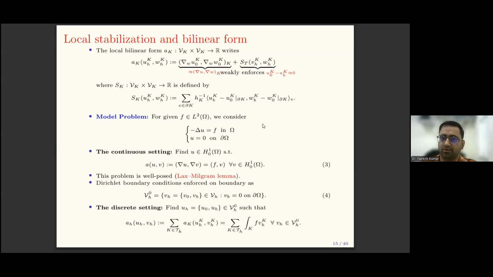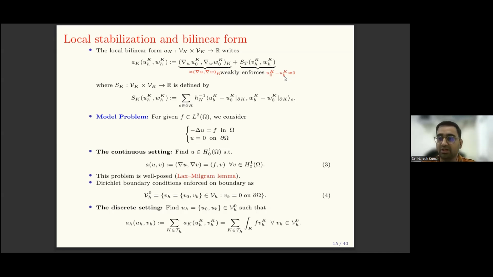So if you take the Poisson equation, then basically AK is the gradient of U naught, gradient of W naught. And we add a stabilization part also. The stabilization part helps you to minimize the discontinuity between U naught and UB. Basically, U naught is one function and UB is a different function, but can we somehow manage the discontinuity between them?